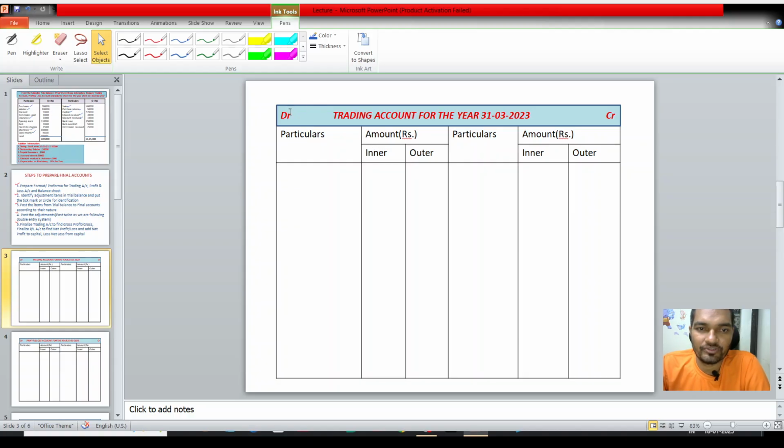Any expenses incurred at factory level for production purposes will be considered direct expenses and shown on the debit side of the trading account. So as I mentioned, the purchases amount will be shown on the debit side of the trading account, and the amount will be shown in the inner column.